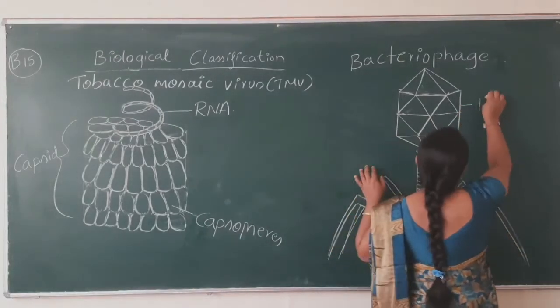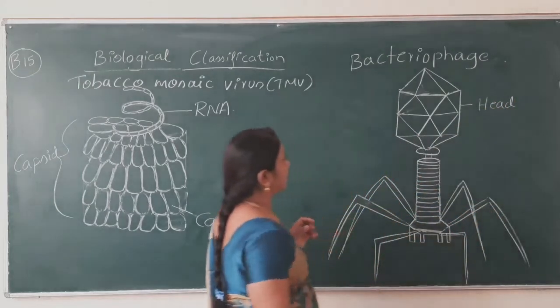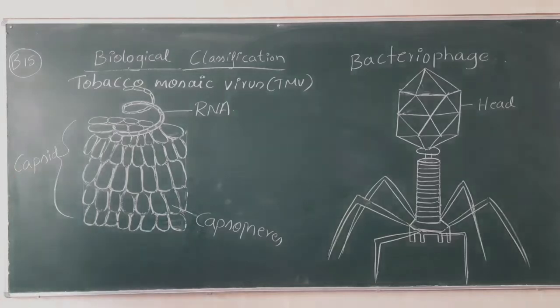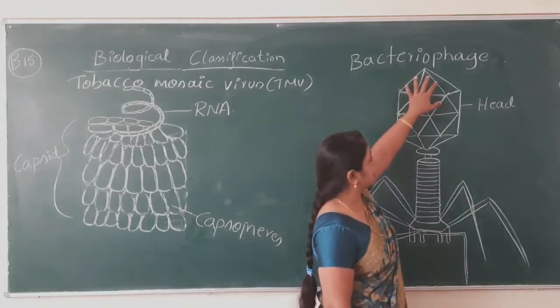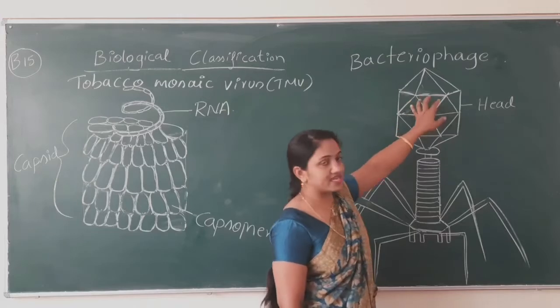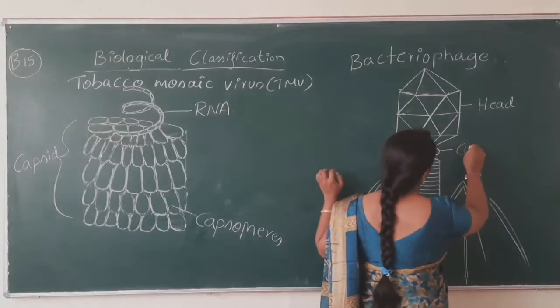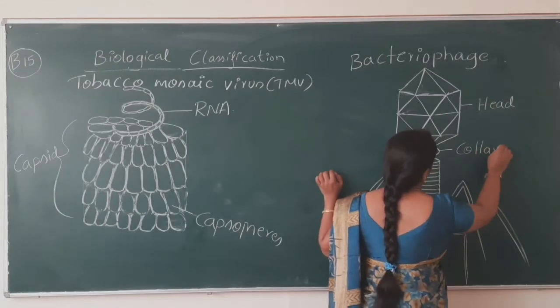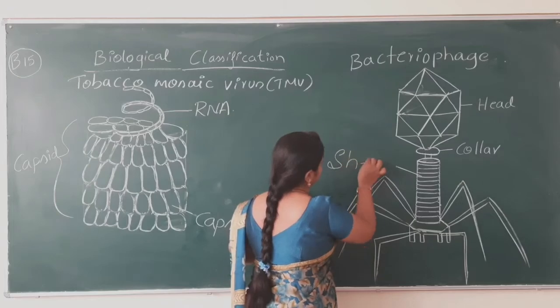And this is known as the head. Okay, so the head is at the anterior position. Inside this, the genetic material will be present, and this is known as the collar, and this is the sheath.